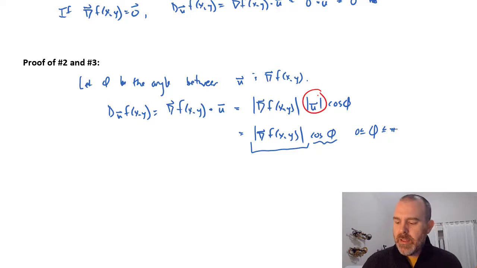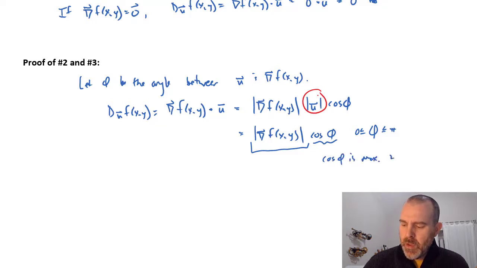And so when is cosine maximum? Cosine phi is maximum in that interval when phi is equal to 0. It's maximum when phi is 0.